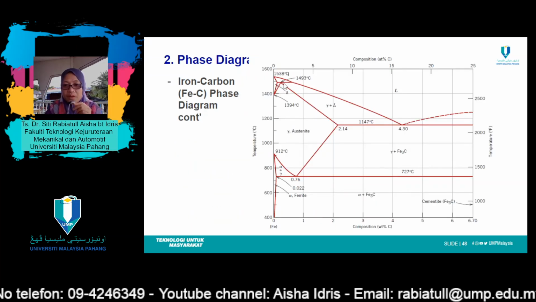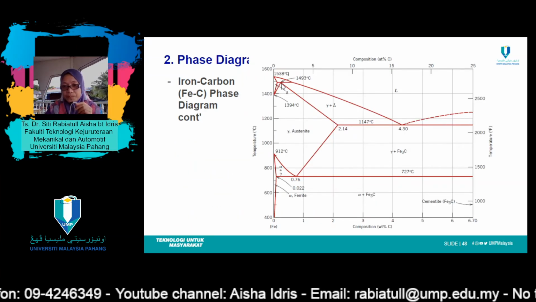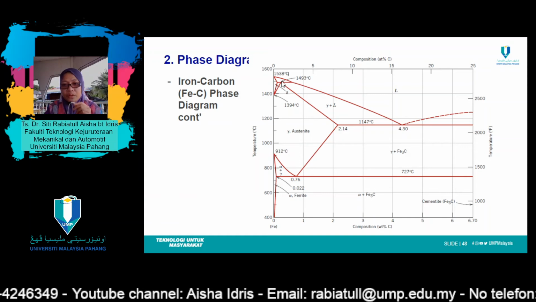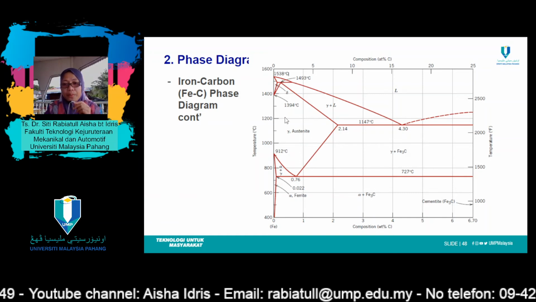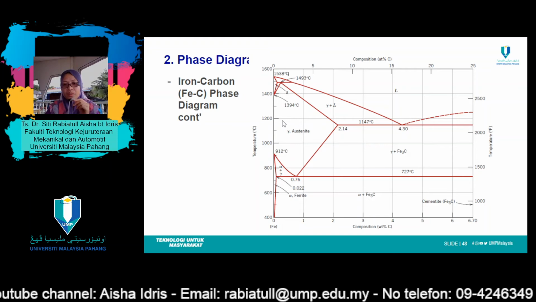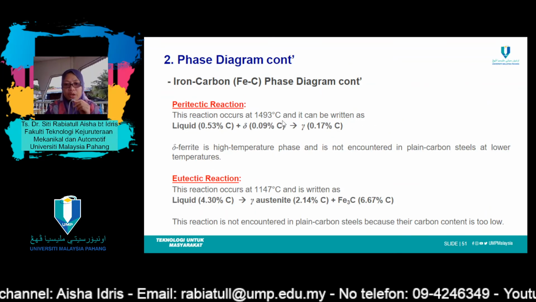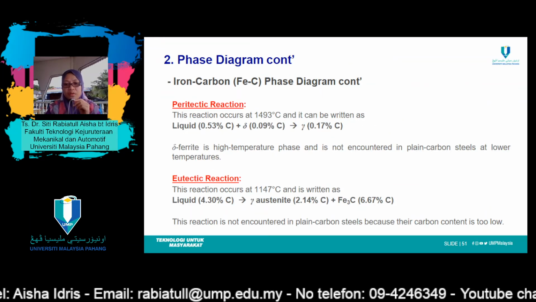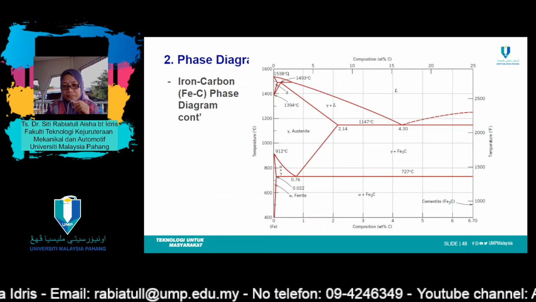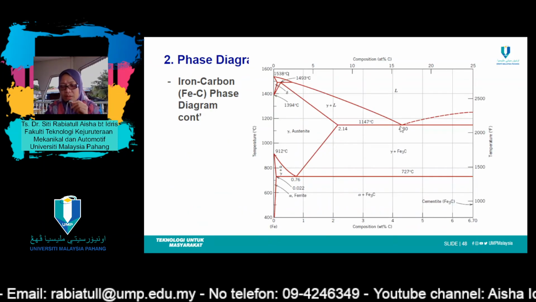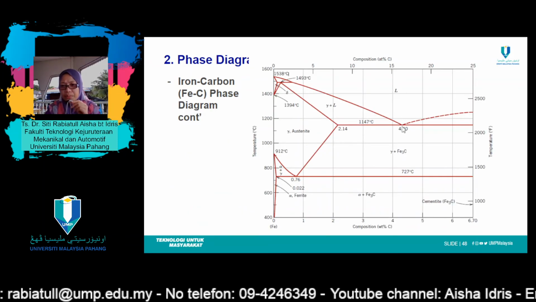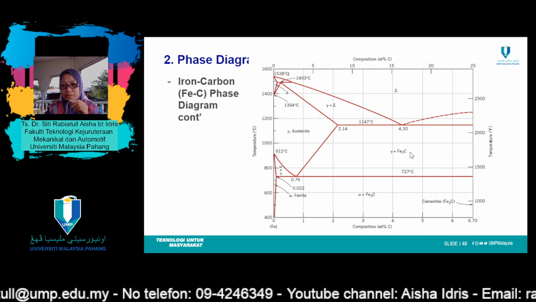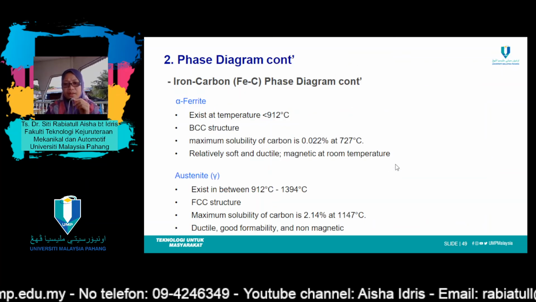So this is peritectic. Liquid plus delta producing a gamma. All right. For eutectic reaction, this is the eutectic point, from liquid passing to the eutectic point, producing gamma plus cementite.